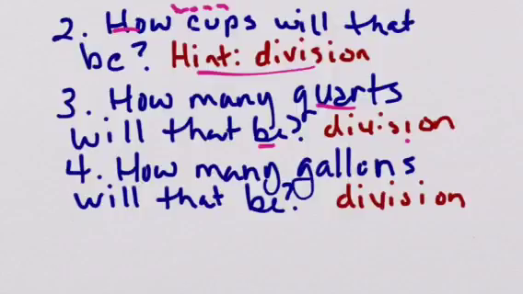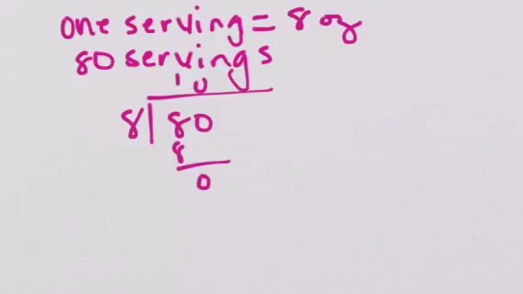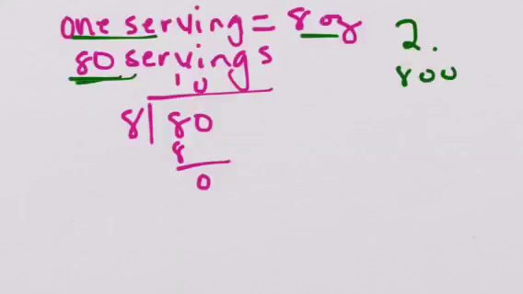Okay, so here's an example on how you could do number 2. 1 serving equals 8 ounces, and if we wanted 80 servings, in this problem it's asking for 800, but if we had 80 servings, I would take 80 here, I would divide by 8, and my result would be 10.